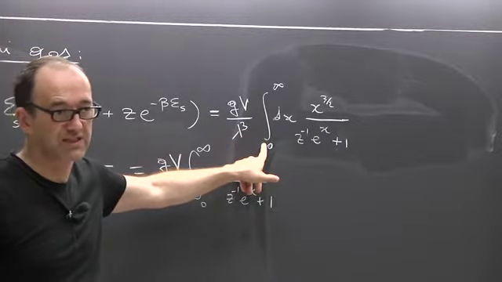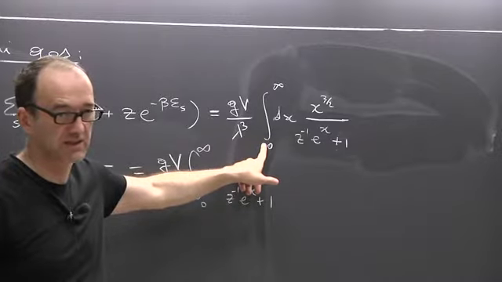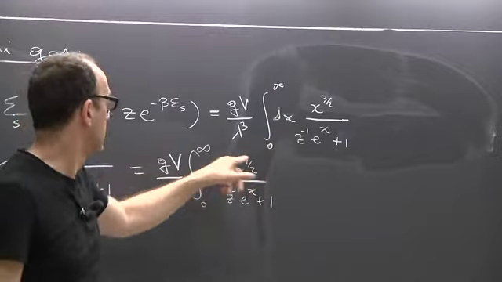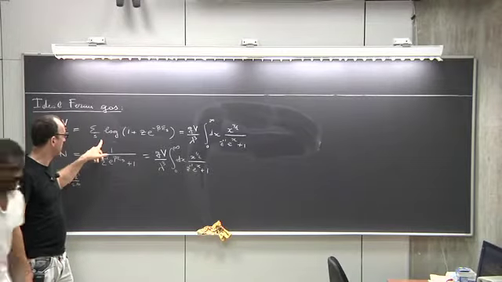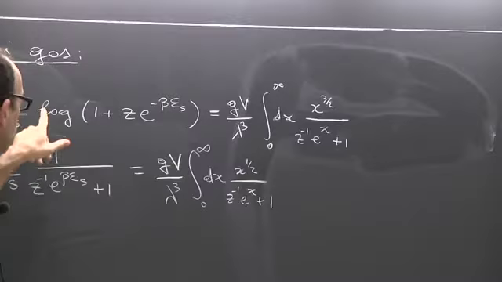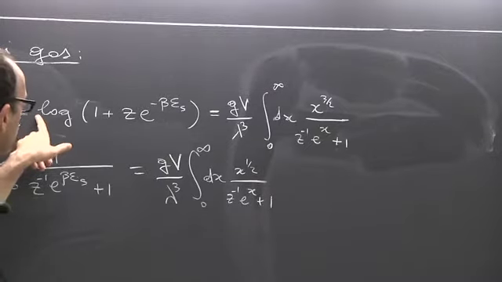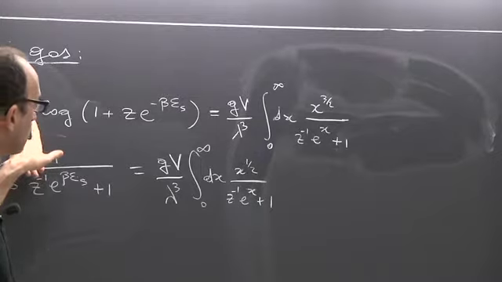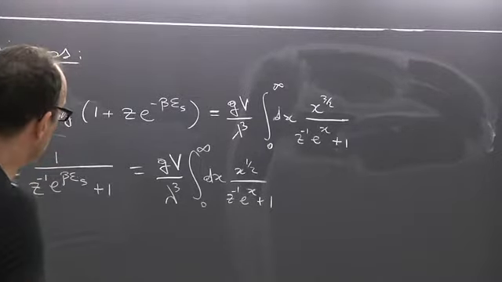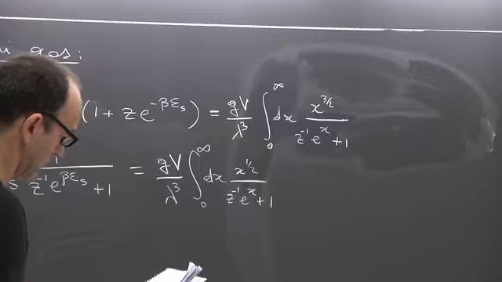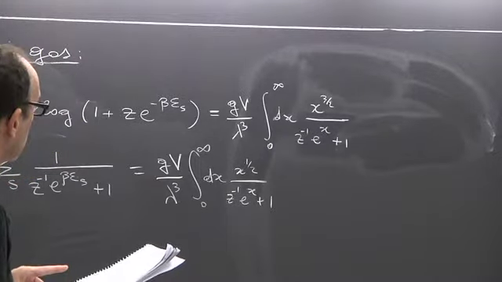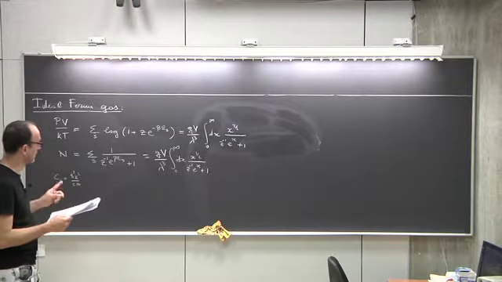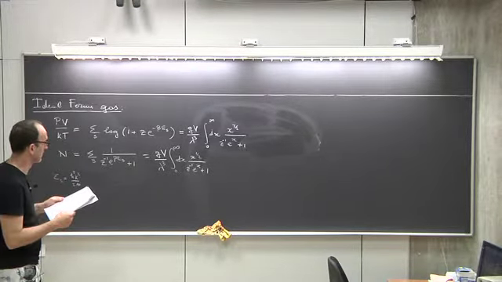But the calculation is exactly the same as we did last time. Okay? So there is an integral of the density of state, so it will be proportional to epsilon to 1/2 times the log of this. And you do the integral by parts, and you get this equation here.